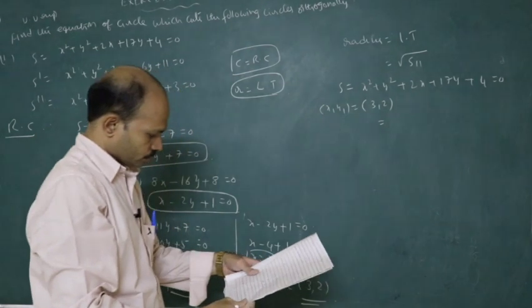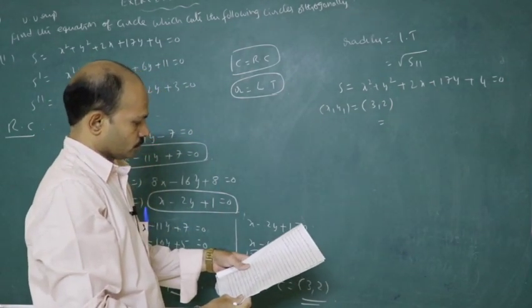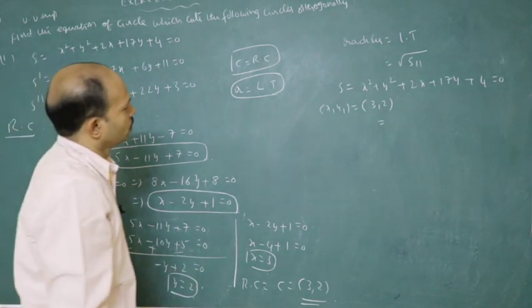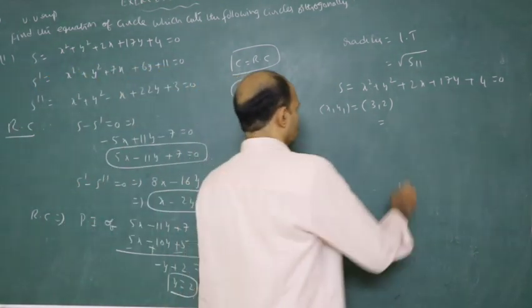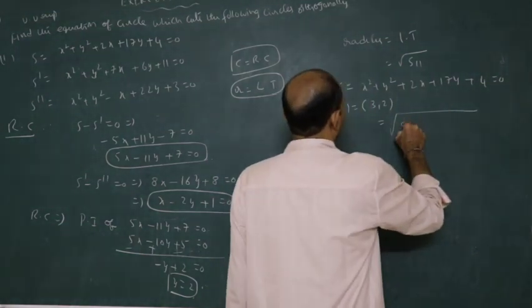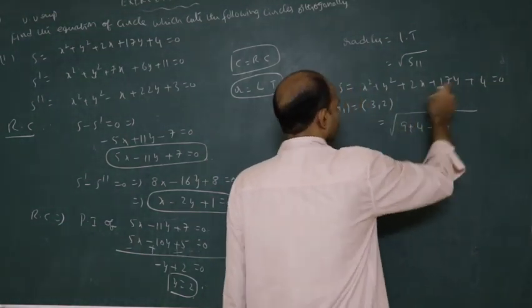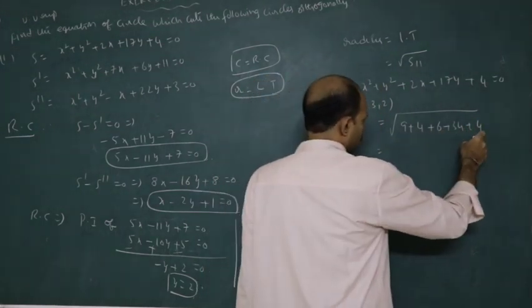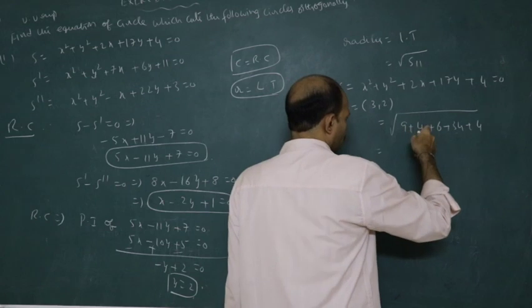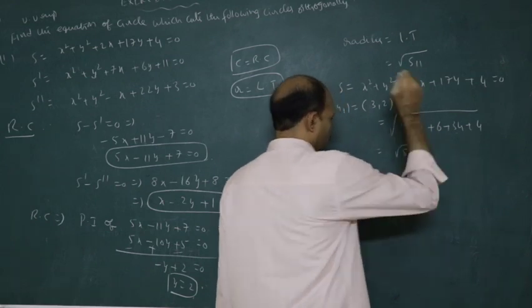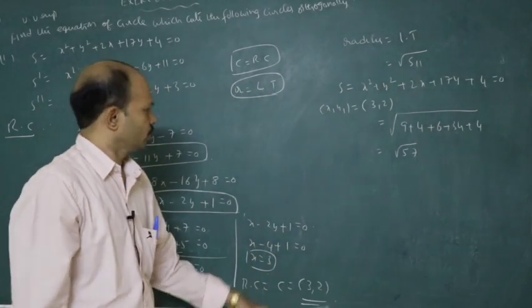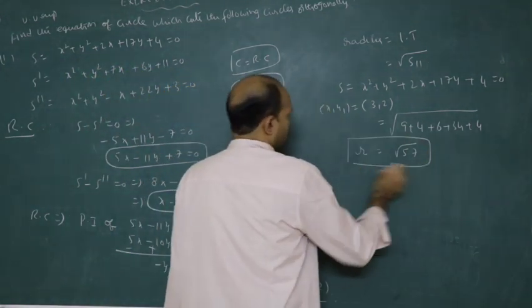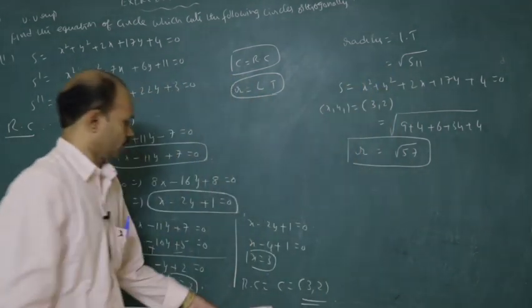Apply the values: x square, y square, 2x plus 17y plus 4. What is the value of it? 9 plus 4 plus 6 plus 34 plus 4. How much? 10, 44, 54 and 57. Right, we got it exactly correct. This is the radius squared. We have the radius and we have the center.